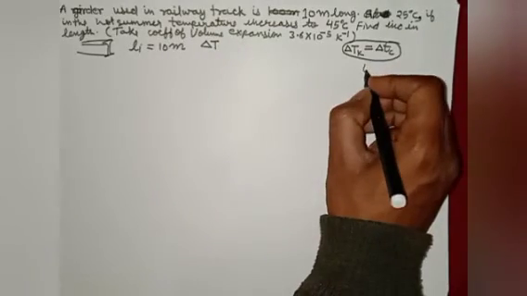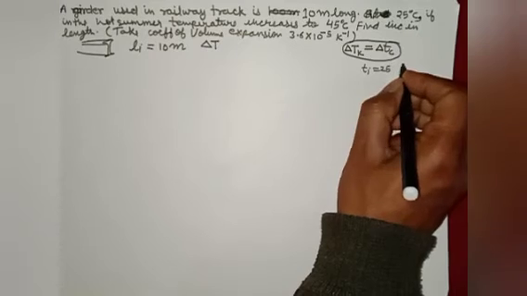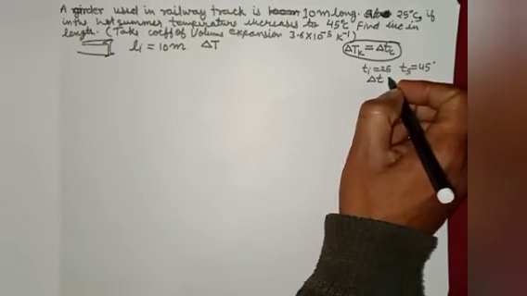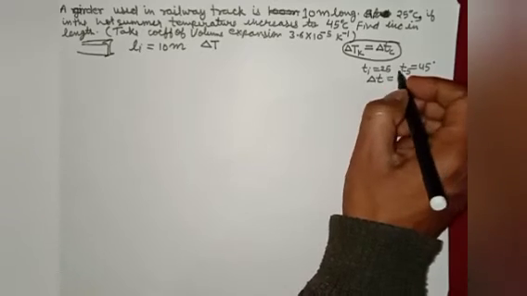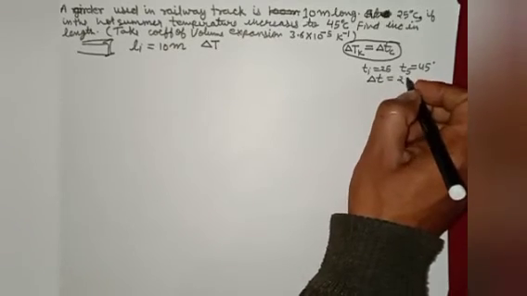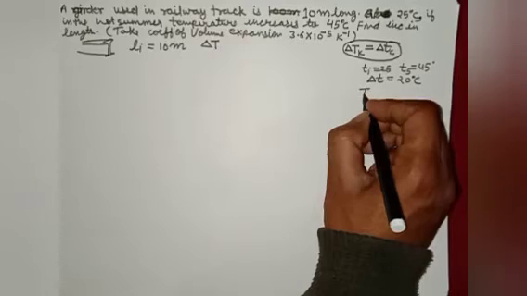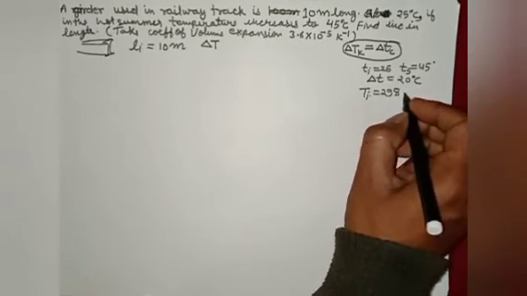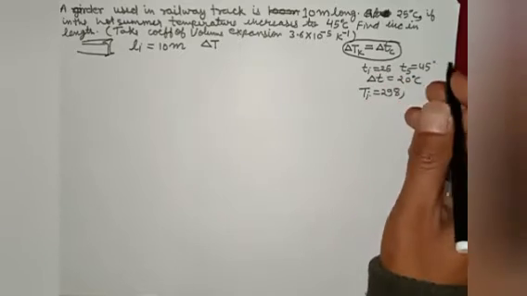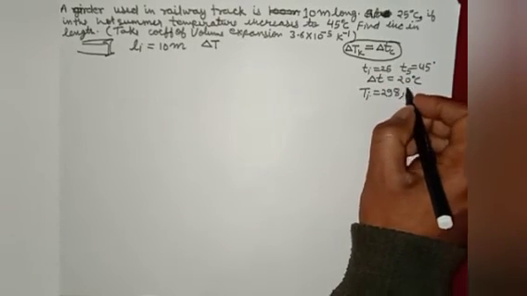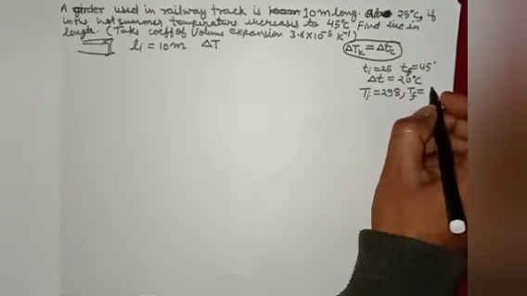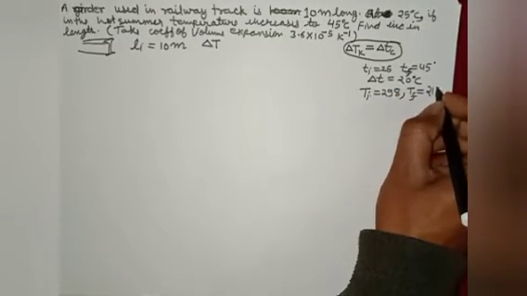You can see T initial is 25, T final is 45. So delta t, this small letter for Celsius, will be 45 minus 25, that is 20 degree Celsius. Now if we convert it into Kelvin, 298 by adding 273, I am avoiding 0.15, and T final is 318.